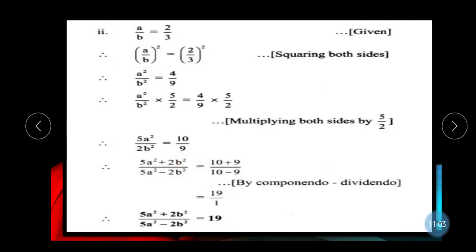So, by using componendo dividendo, 5a square plus 2b square upon 5a square minus 2b square is equal to 10 plus 9 upon 10 minus 9. That will give us 19 upon 1. Therefore, the final answer, 5a square plus 2b square upon 5a square minus 2b square is equal to 19 upon 1. You can write it, or if you don't write it, it's okay.